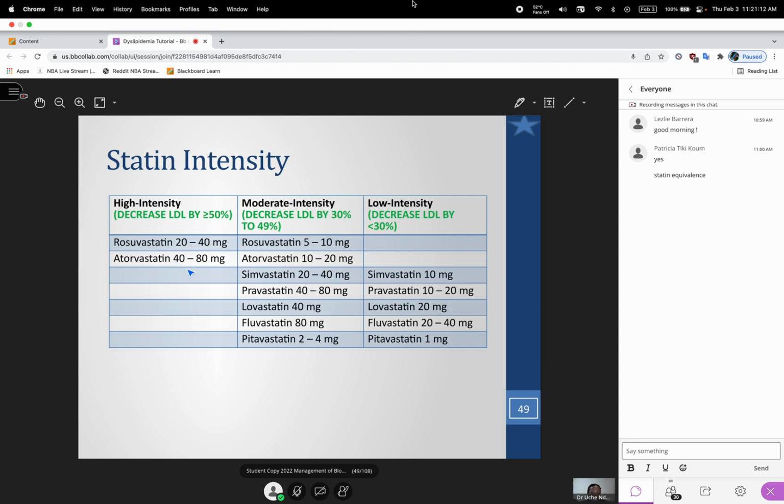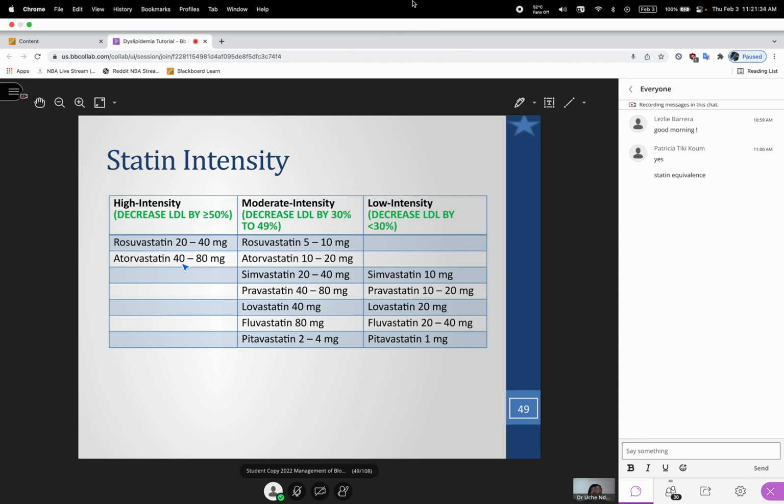What happens if you have a patient who is high intensity, they're on Rosuva 20, but they're not at goal yet? Give them the 40. You still have an option here to stay within the statin family and go up. If they don't have any problems, they're tolerating the Rosuva 20 well, it's okay to give them Rosuva 40.